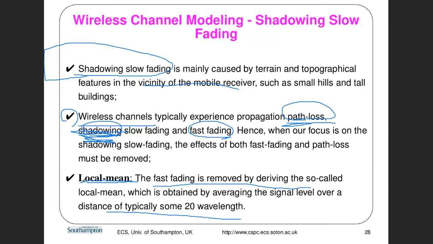This is not a general approach, this is a specific example, but it tells you that if you want to know the power of the third level fading, you need to average the signal power so that you get the average fading level, and then you can compensate this signal power loss at the transmitter. So the only effect that's left in the received signal power loss is the shadowing effect.